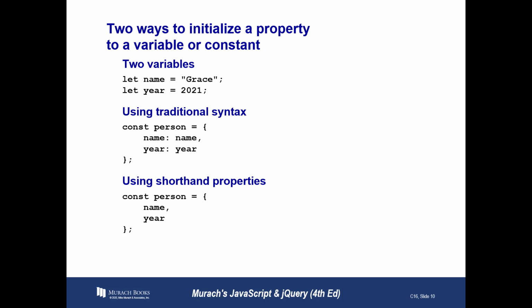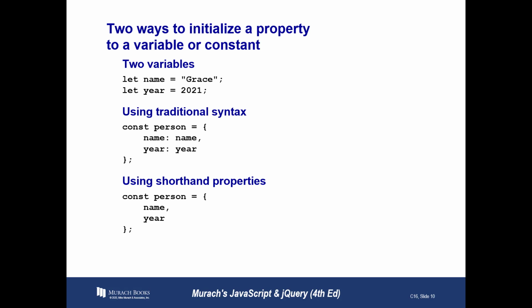Two ways to initialize a property to a variable or a constant. So you've got 2 variables that are outside of anything. Let name equal Grace, and let year equal 2021. Now notice, using the traditional syntax, the name and the value.